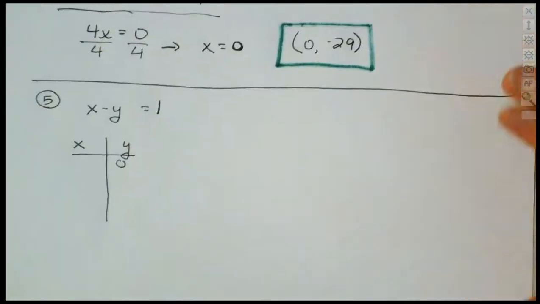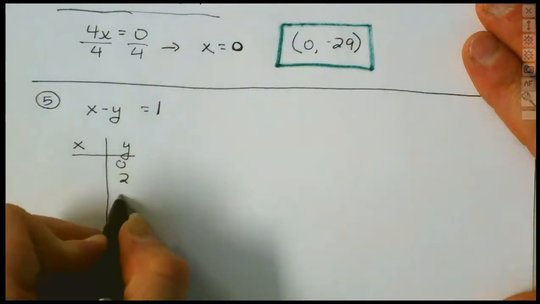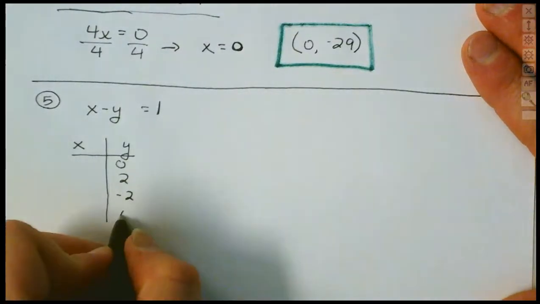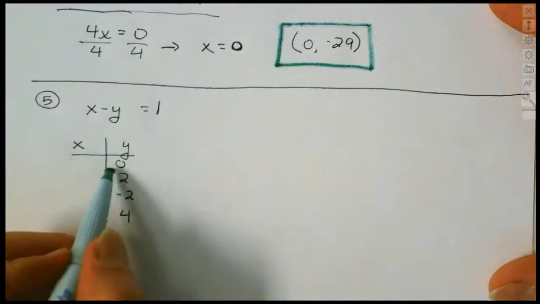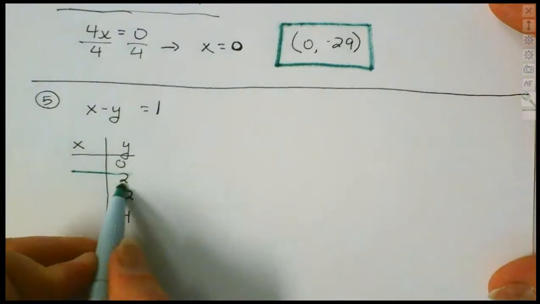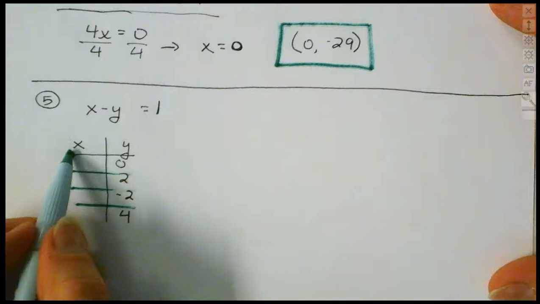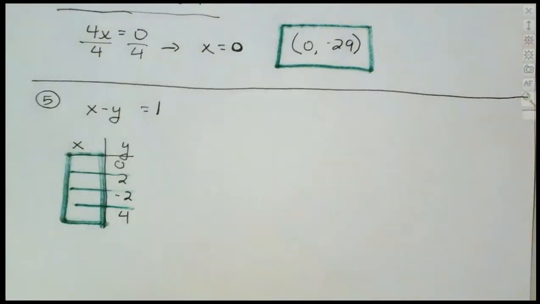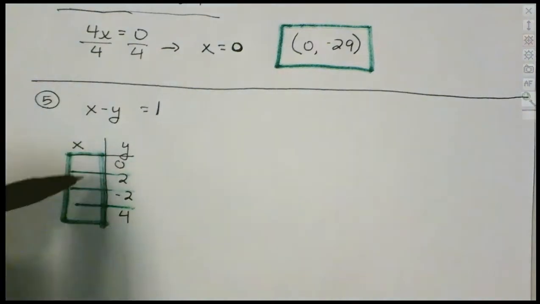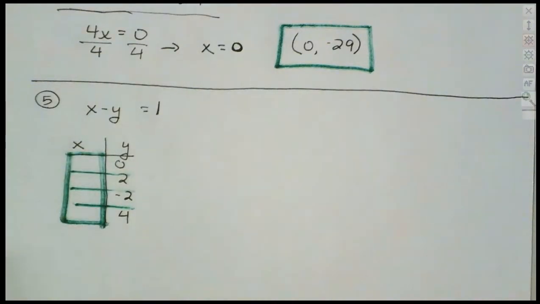So we have 0, 2, negative 2, and 4. And what we need to find is the corresponding x value. So we're going to be filling in the missing blanks over here. So we have our y values already listed. We need to find our x value. So each one of these we're going to plug in, and we're going to see what we get over here, and that's going to make our ordered pairs.